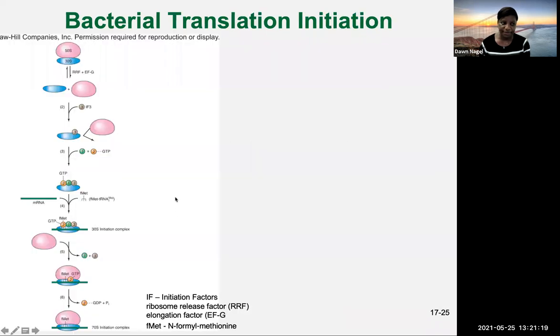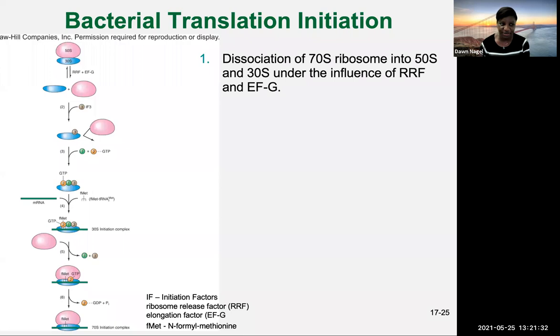And the steps, if you look at this model, it really looks like a lot of steps, but it really isn't, because we discussed a lot of what these steps are. First, you dissociate your 70S into 50S and 30S.